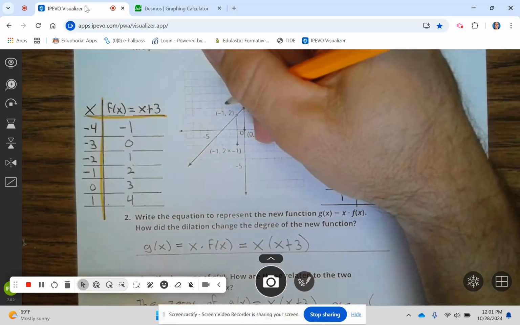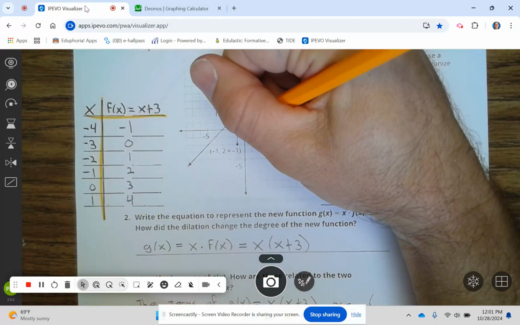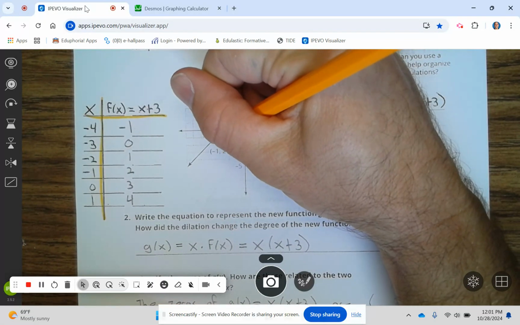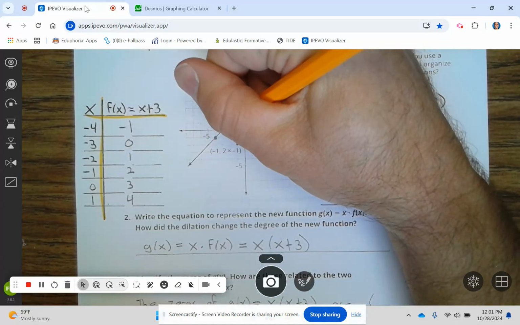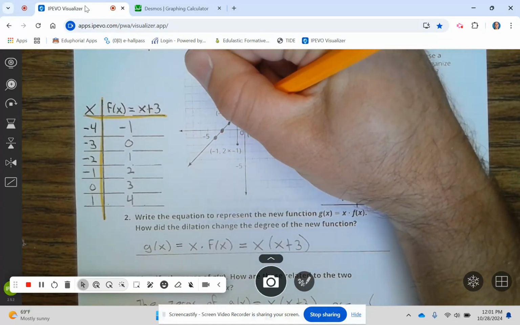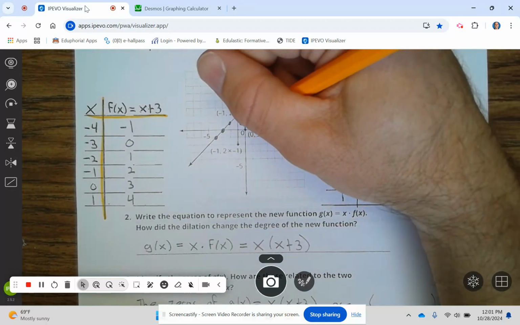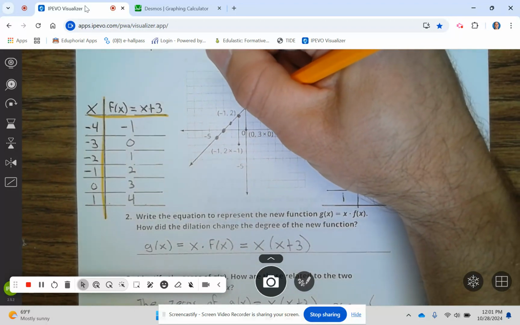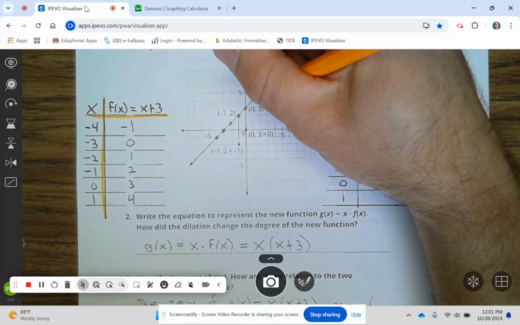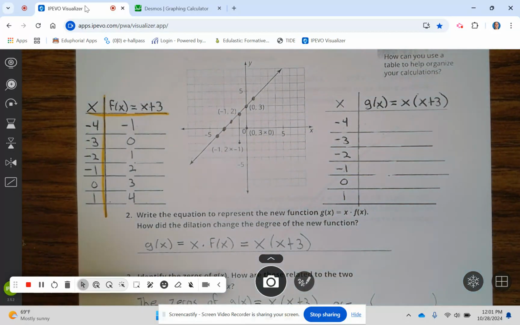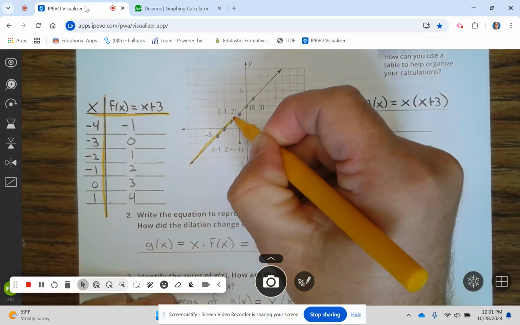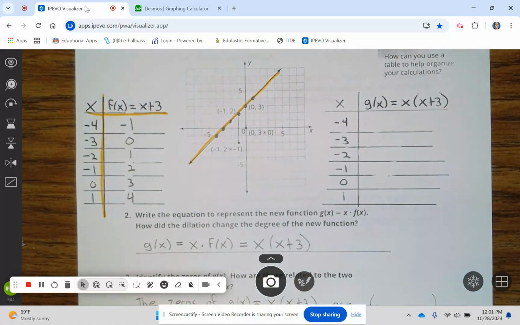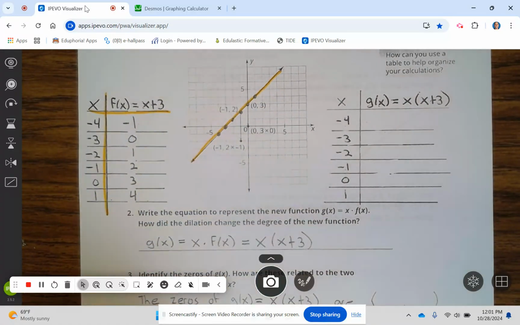So -4, -1, 2, 3, 4, -1, -3, 0, -2, 1, -1, 2, 0, 3, 1, 4. All right, so this is this line right here. Go ahead and finish up this table and graph.